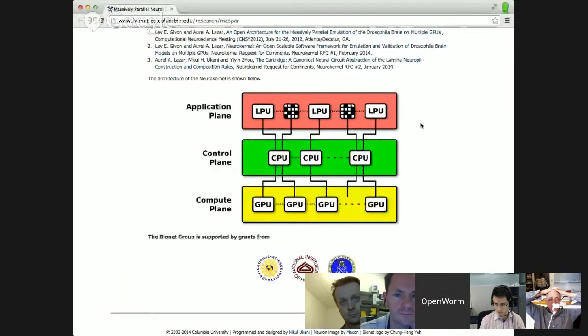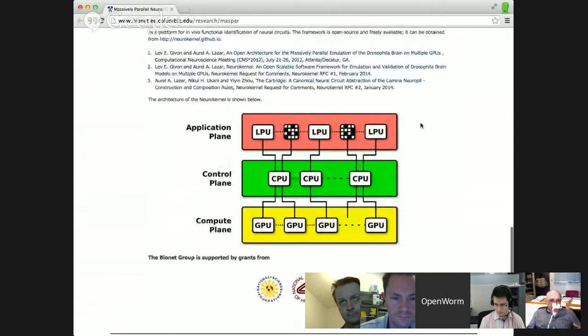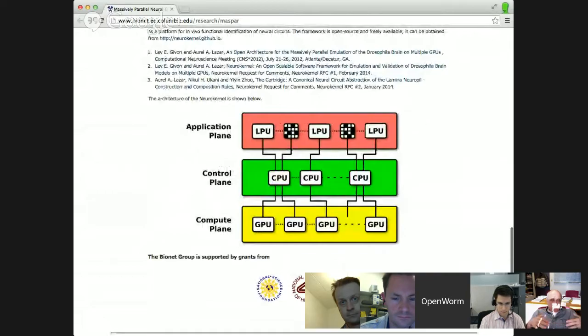And so now, if we go back to the architecture, you see the top layer has the LPUs. And this is what a programmer essentially sees as the modeling of the brain. And the LPUs are then mapped into the hardware, which consists of CPUs and GPUs.